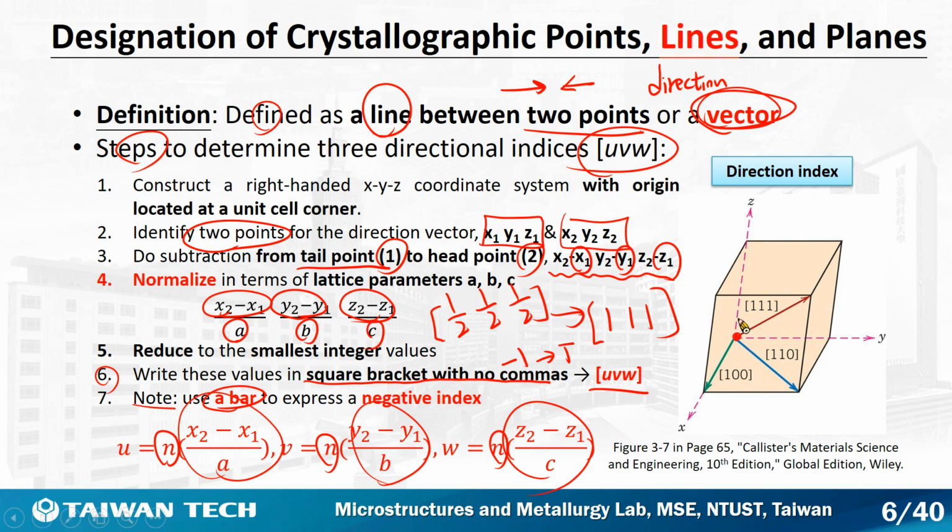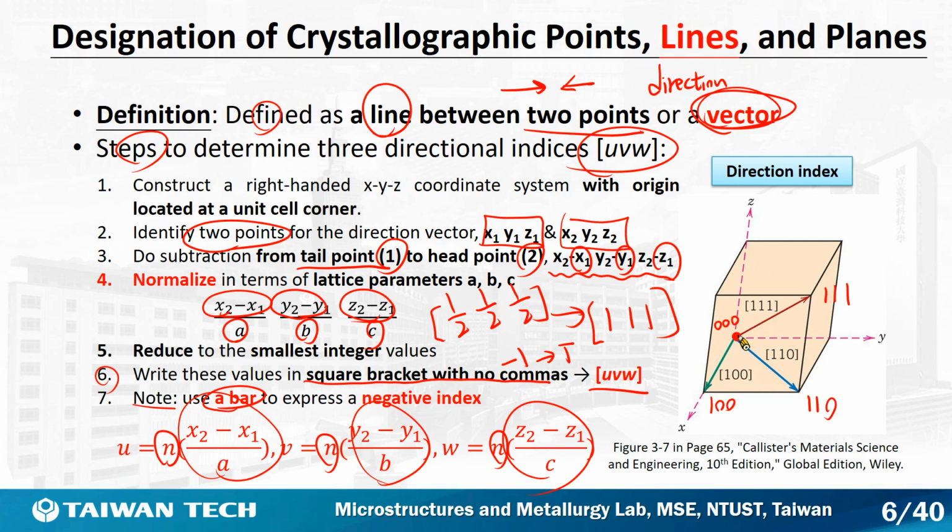Okay? So, for example, here are three directional indices. We need to find out 2 points, right? For the tail point, we use the origin, which is 0, 0, 0. And then, for example, this point, what is this point? We need to know it from the point indices. So it would be 1, 0, 0, and the next point would be 1, 1, 0. The next point would be 1, 1, 1. Then we do the subtraction.